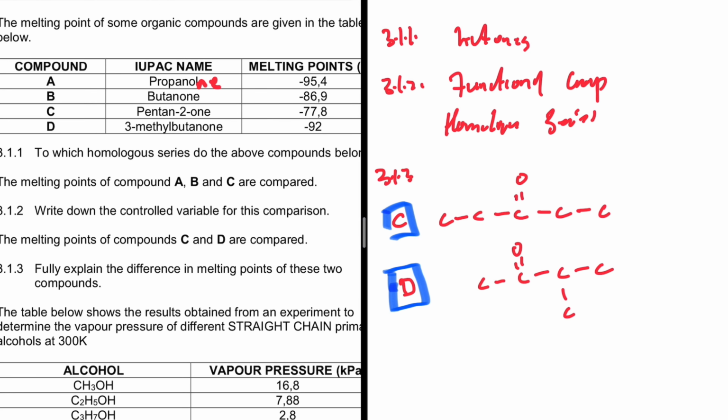You can see that these two organic compounds differ in terms of branching, right? D is more spherical, D is more branched compared to C.